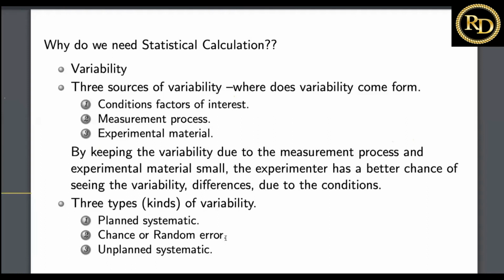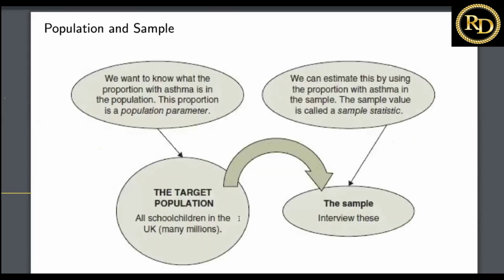But the variability in the data can also come from chance or random error or unplanned systematic. Meaning there are various co-factors because of which the blood pressure of the patient can be on a higher note. So we have to understand what kind of variability exists in our data, and these statistical calculations are going to help us in answering this.